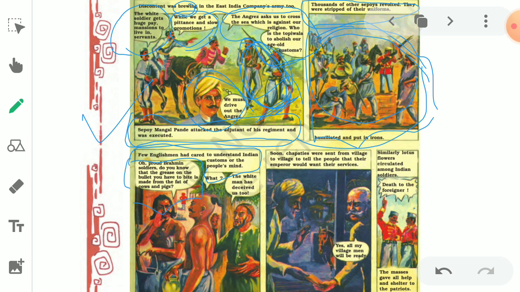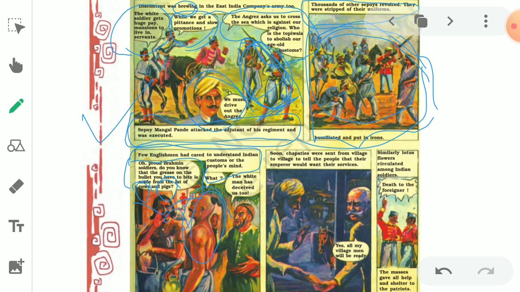Oh, proud Brahmin soldiers, do you know that the grease on the bullet you have to bite is made from the fat of cows and pigs? So someone is talking about their religious aspect. So Brahmin people, as you can see here, won't eat meat.